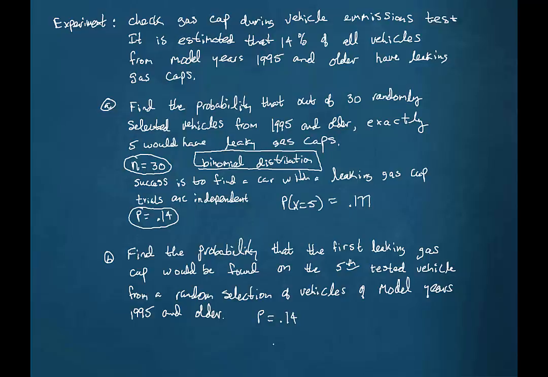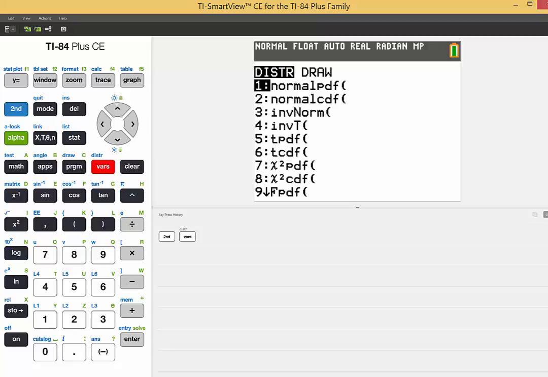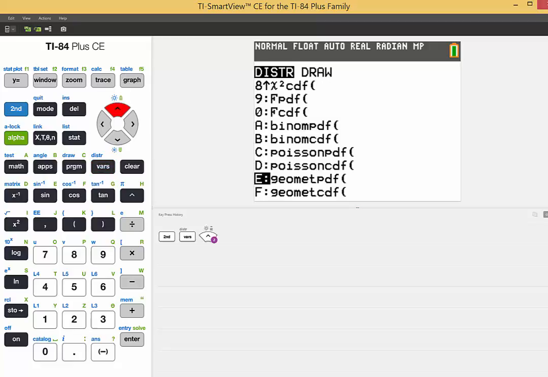And we're to find the probability that the first leaking gas cap would be found on the 5th tested vehicle. So here we have then a geometric distribution. To find this probability, we'll hit second, variables, distributions, and we'll go to the geometric PDF.